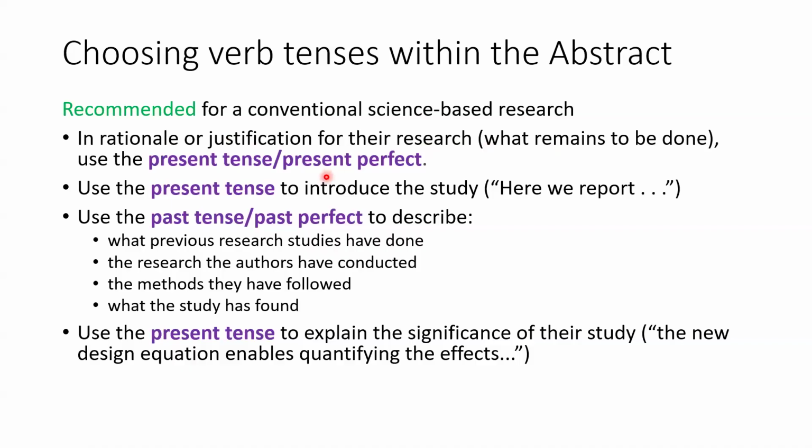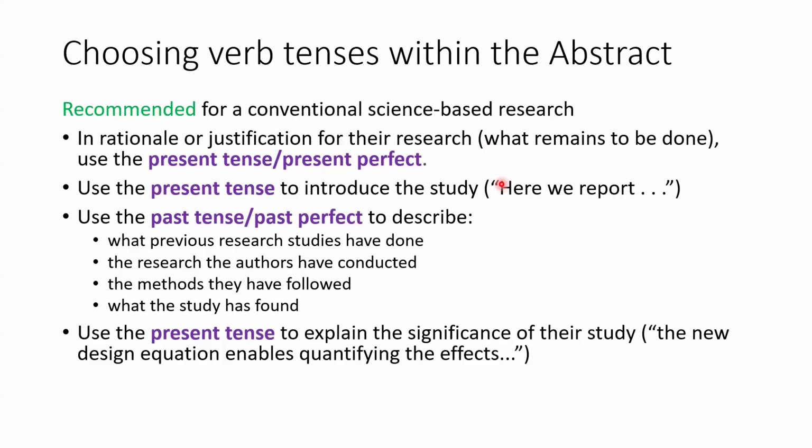Because it is what remains to be done. And then use the present tense to introduce the study: here we report, this research reports about something. So you use the present tense always, right?